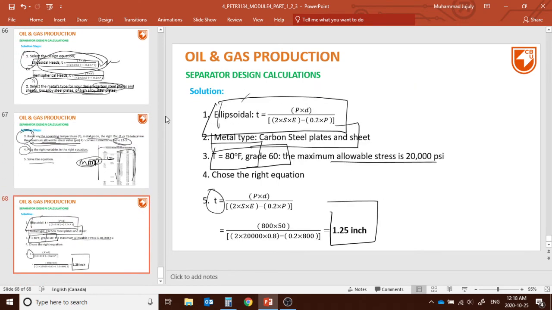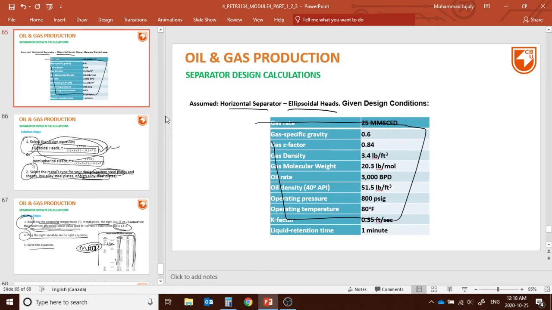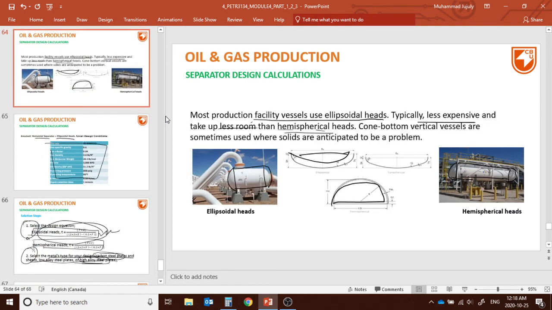This is very similar to what we used for the pipeline thickness. Remember, we calculated the pipeline thickness in a very similar fashion. However, in this case we use a systematic methodology to calculate the thickness for a pressure vessel.